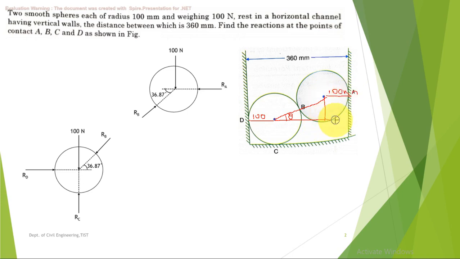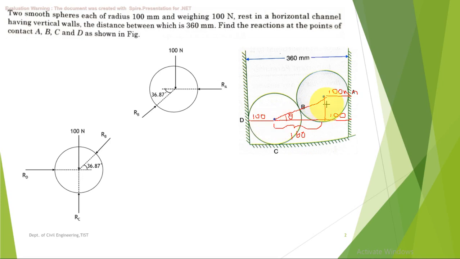So if you construct a straight line, this is also 100 mm. And we know that the total is 360. So if you reduce this 100 and this 100 from 360, then you'll get the base of the triangle that we have formed. So the base of the triangle is 360 minus 100 minus 100. That means it is 160.